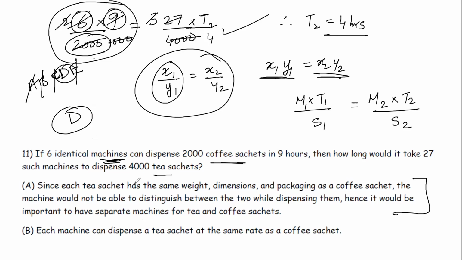The rates are the same, right? They're able to dispense it at the same rate. So just because they're tea sachets, it doesn't change the rate of dispensing, and hence we can use the same equation again. And using the same equation, we get 4 hours.